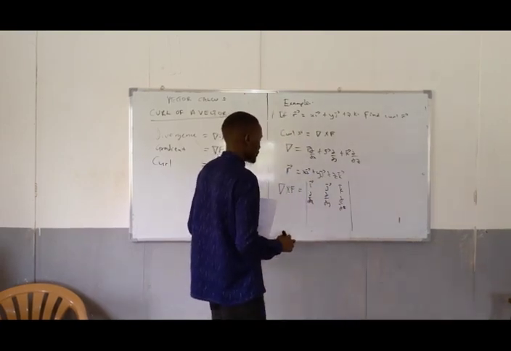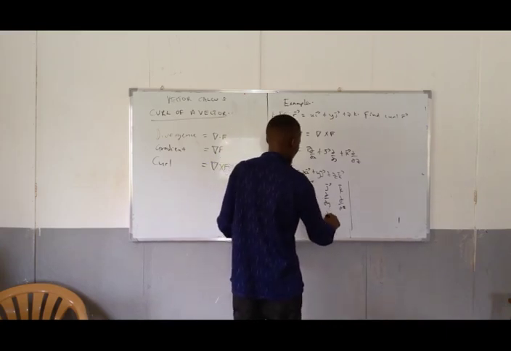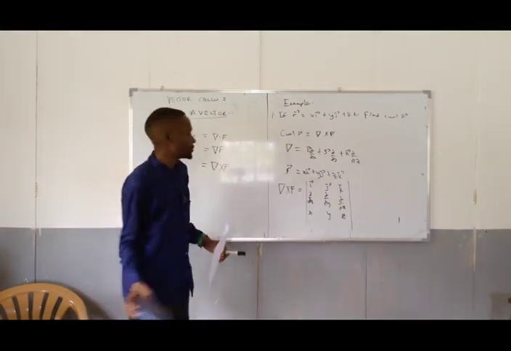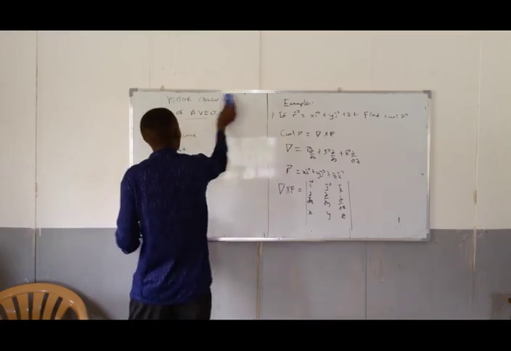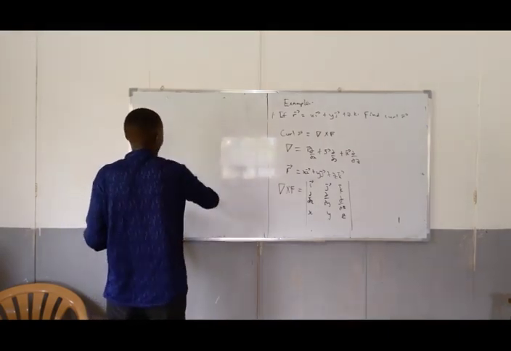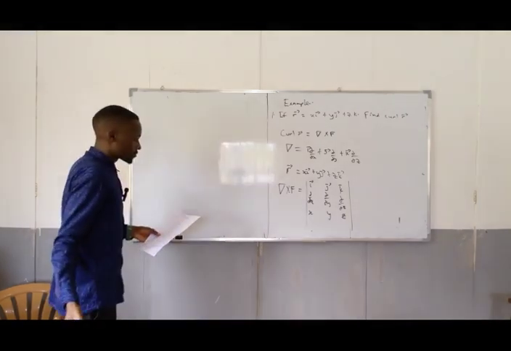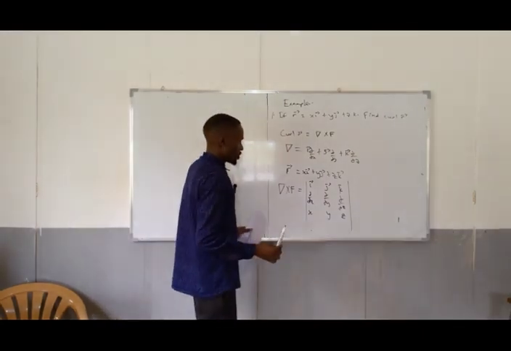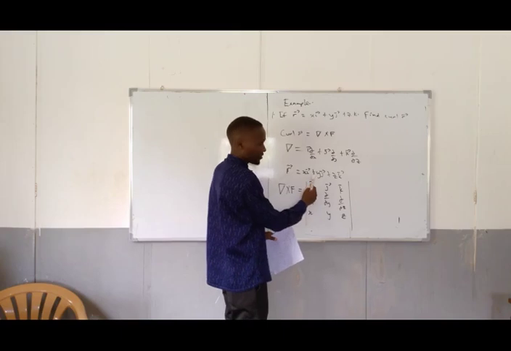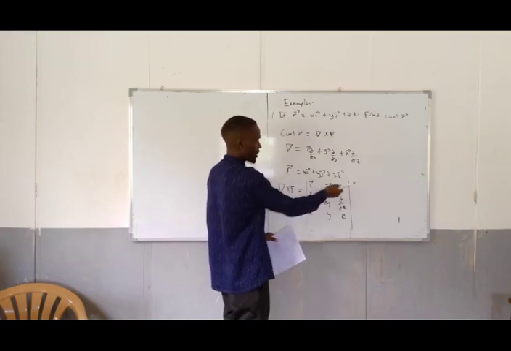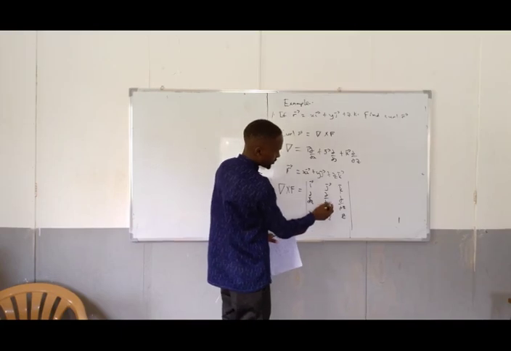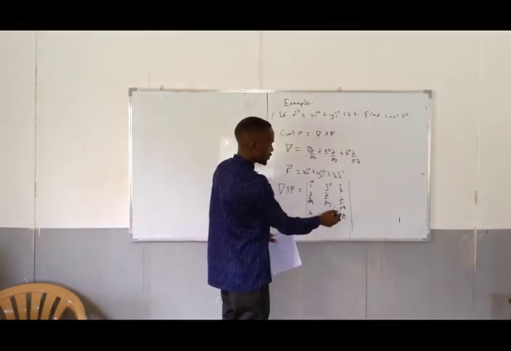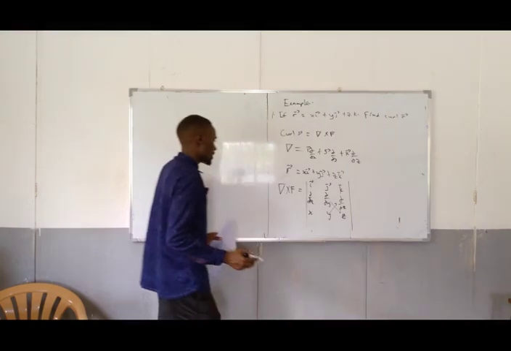Then for R we have x, we have y, we have z. So when you are crossing, for example, you close the first part of i and also the upper part, whereby we shall be remaining with this term. So now, when you reach here, you cross multiply.